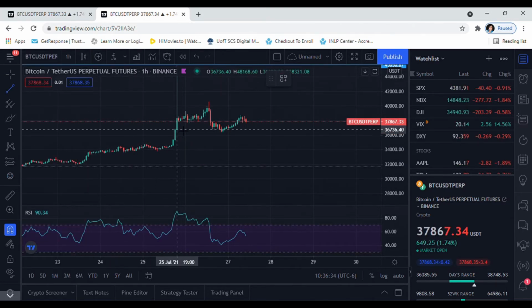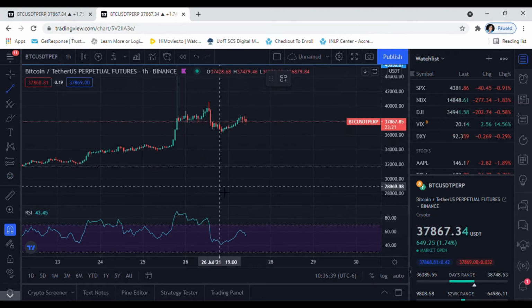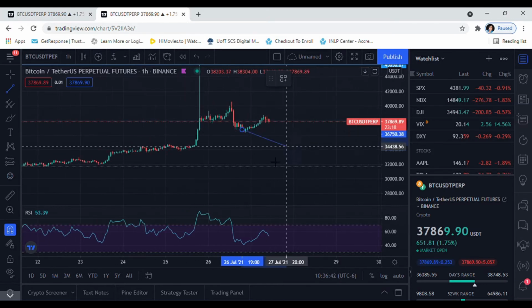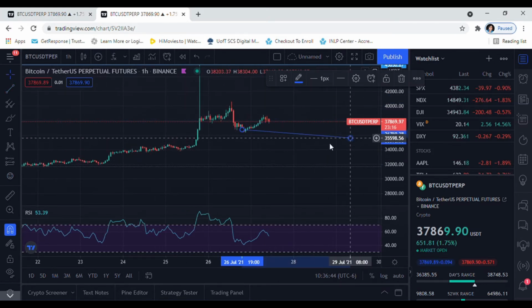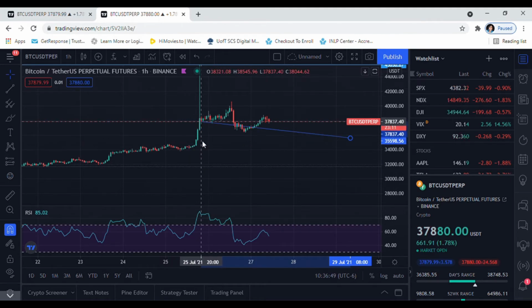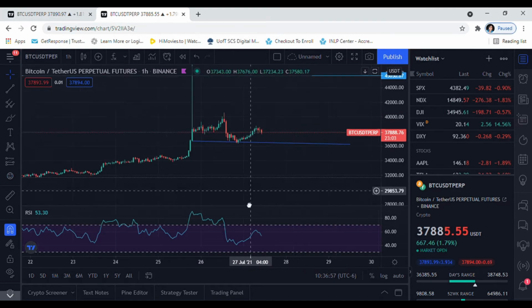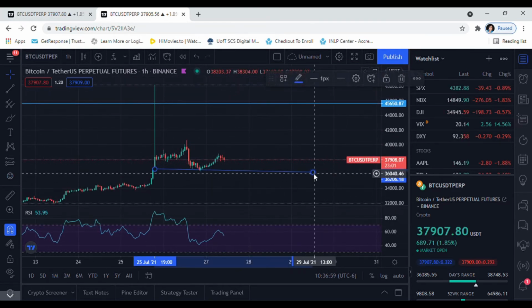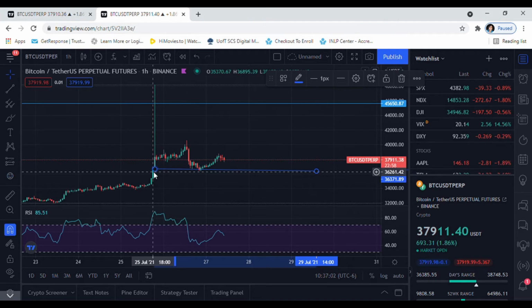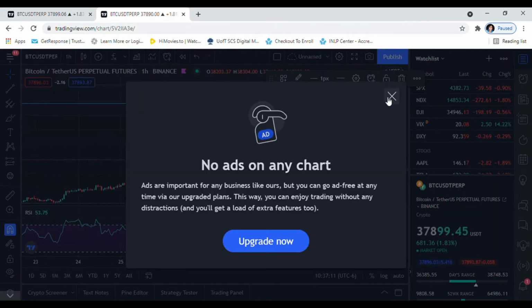So we'll call this a support. Support is basically the price that Bitcoin and any other cryptocurrency that you're trading bounces back from.